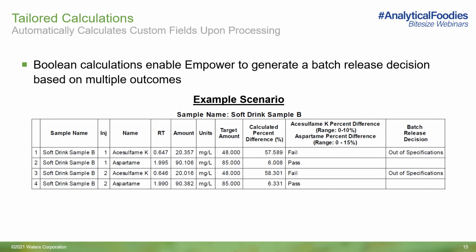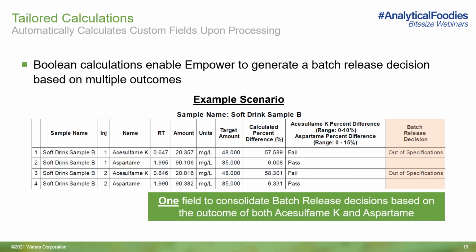To allow for a fast batch release decision, Boolean calculation can allow Empower to generate a decision based on multiple outcomes. Here, we have one field to consolidate batch release decisions based on the outcome of both acesulfame K and aspartame. Both would have to pass before the batch can be released.